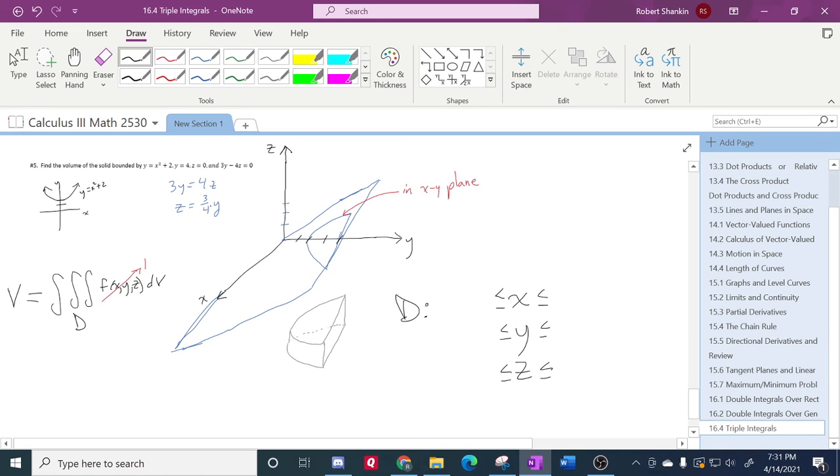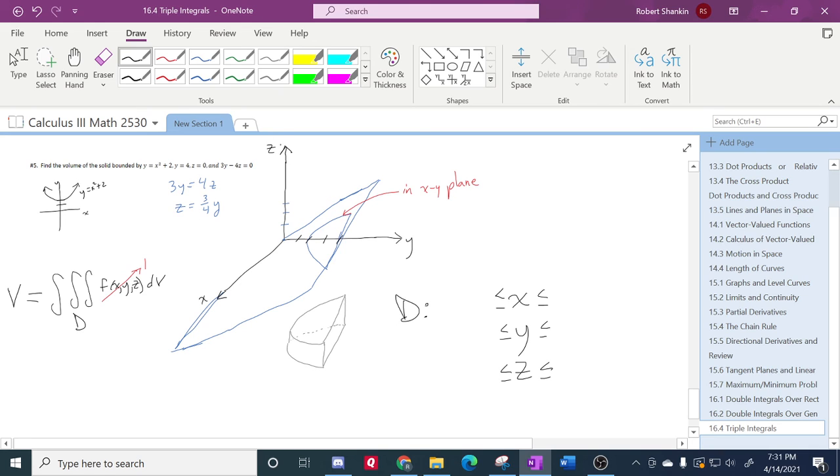Z is equal to 3/4 y. Sure. And then plug in the 4 there, and the 4's cancel out, and the z would go to 3. Yes. So we could be going from 0 to 3 for the z's, and then go from there. And that's a reasonable way to go about it.